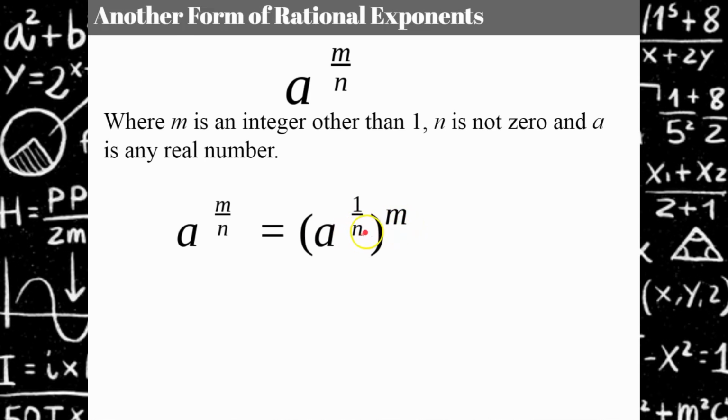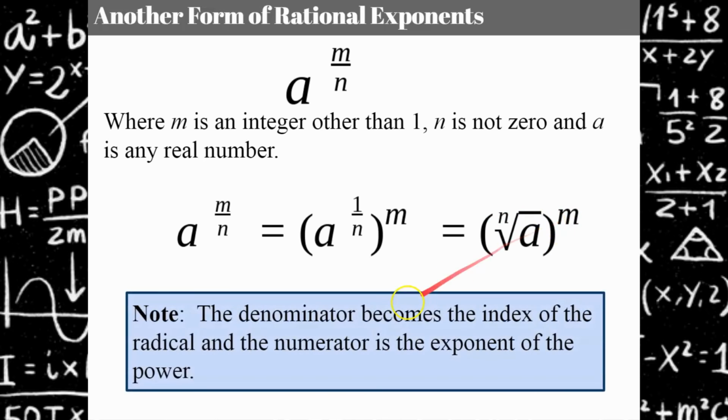So again, this is going to be our index, and this will be our exponent. So we could write it as the nth root of a to a power with an exponent of m. The denominator becomes the index of the radical, and the numerator is the exponent of the power.